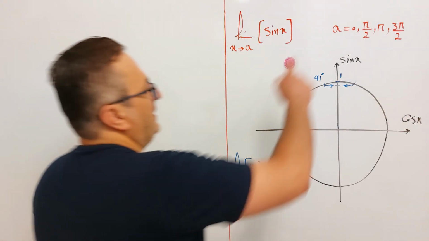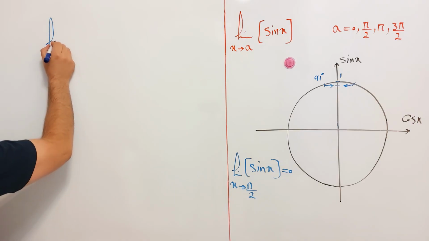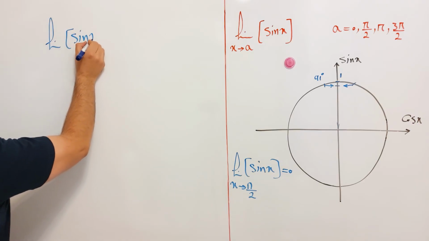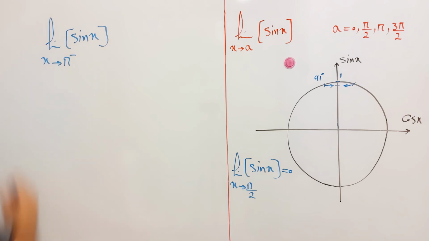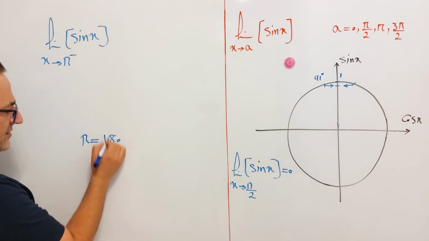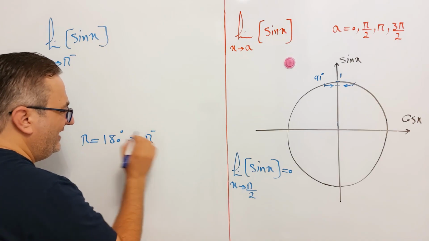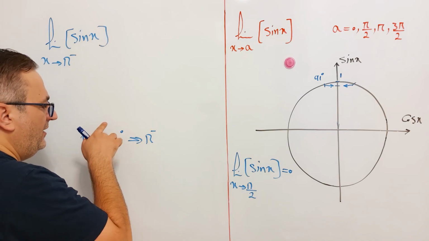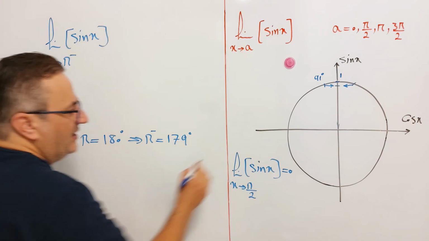Number 3, a is pi. So the limit of the floor of sine of x as x approaches pi, first from the left. Pi is equal to 180 degrees. So pi from the left is less than 180 degrees, for example, 179 degrees.